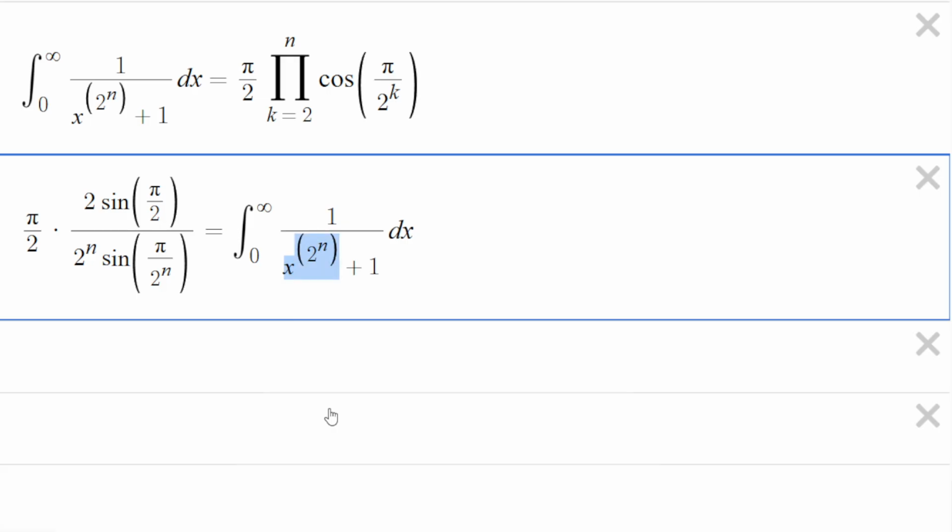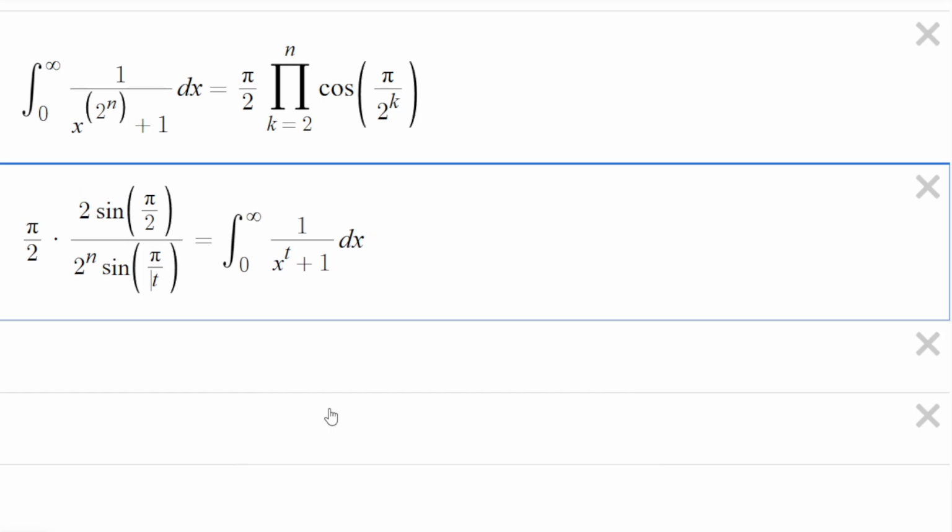Therefore, this thing does the same. Therefore, the integral of that thing does the exact same thing. So it's increasing and decreasing smoothly based on n. So we can just replace 2 to the n with some other variable t. So let's do that. 2 to the n now becomes a t.